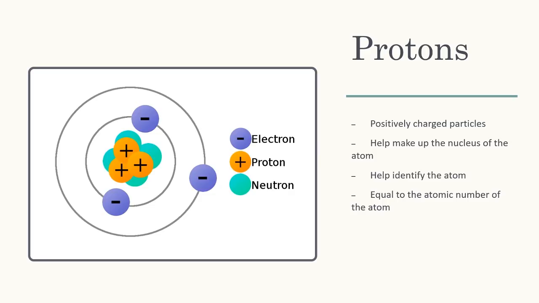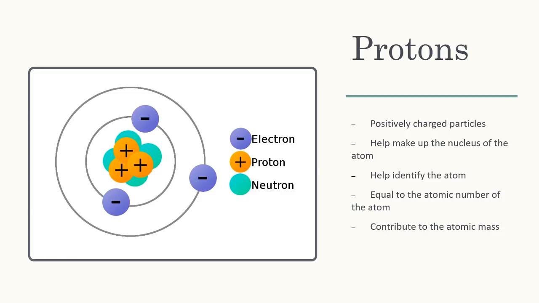That's super important because a lot of times you're trying to figure out how many protons are in an atom. Sometimes you're trying to figure out what atom you're looking at based on the number of protons that you're given. So ultimately, the fact that protons equal the atomic number is kind of a huge deal.